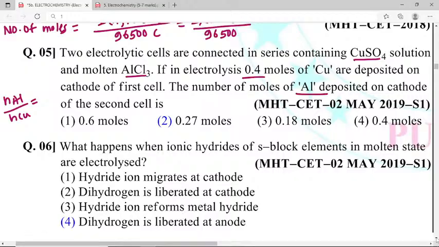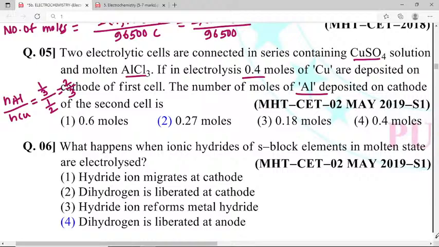The mole ratio of aluminum is 1 by 3, the mole ratio of copper is 1 by 2. So this is 2 by 3 actually.